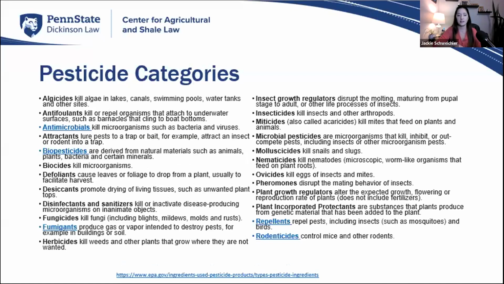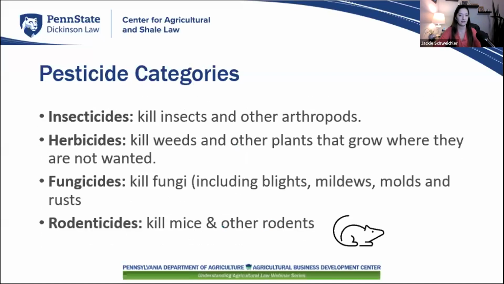This slide shows the Environmental Protection Agency's list of types of pesticides. There's a ton. I'm going to highlight a few of those on the list that I think are particularly relevant to this conversation. To start, here are some of the more recognizable types of pesticides. You have insecticides, herbicides, fungicides, and rodenticides. Just so you know, the root -cide is from Latin and means the act of killing or killer.